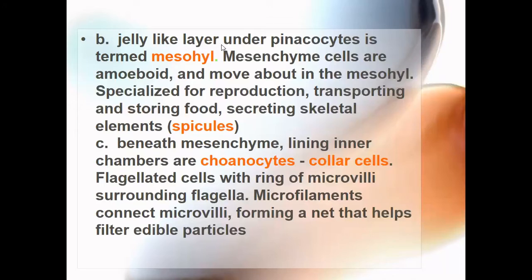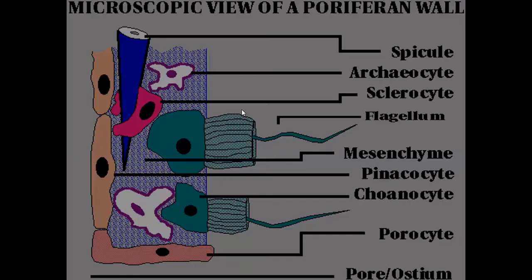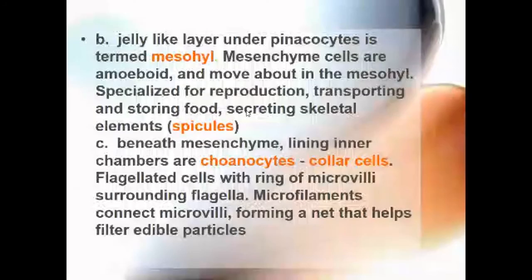So the jelly-like layer under the pinacocyte is the mesohyl. So this is the space, the mesohyl, or we call the mesenchyme. So mesenchyme cells are amoeboid and move about the mesohyl.